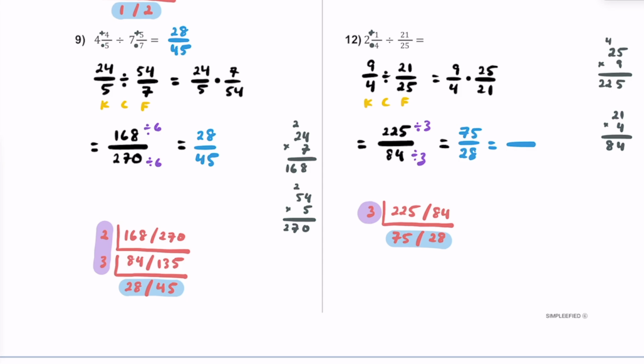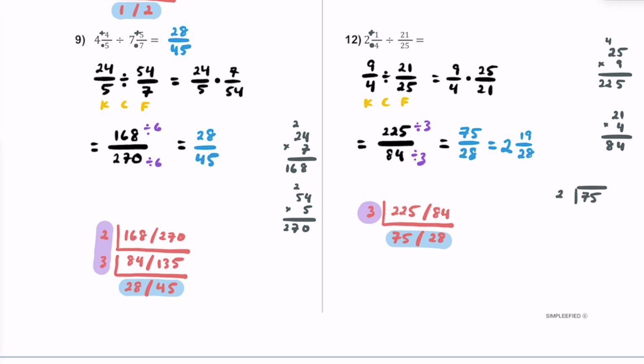So let's go ahead and actually get rid of this fraction bar here. Let's put a 2 here. What is 2 times 28? 2 times 28 is 56. So if it's 56, I think we are going to be 19 away. I think it's going to be 19 over 28. Let me actually just double check that real quick. I don't want to say something that's not correct here.